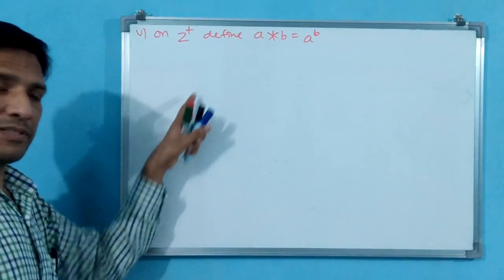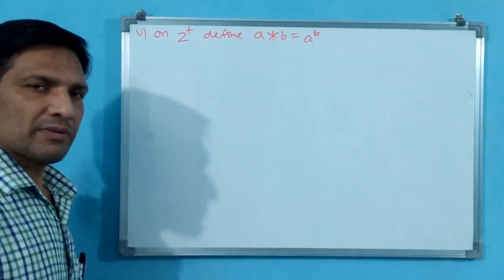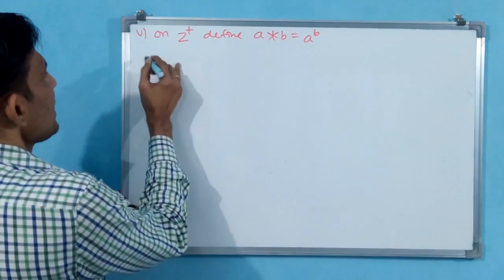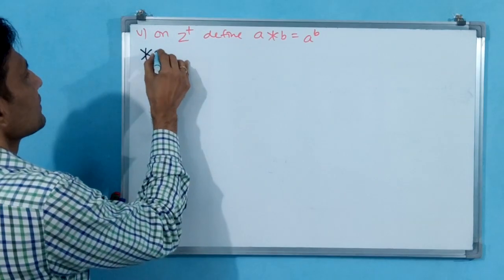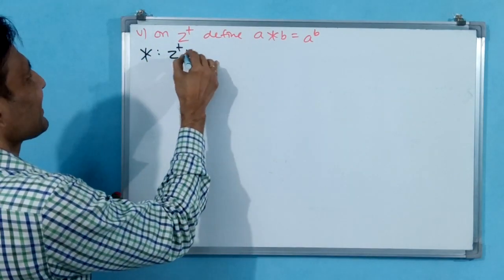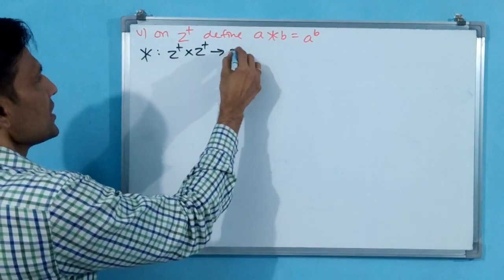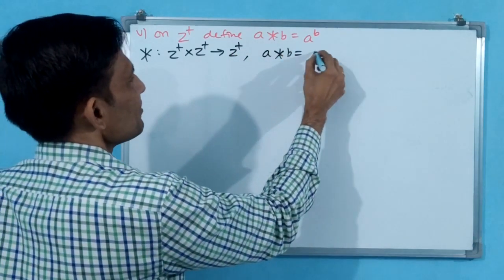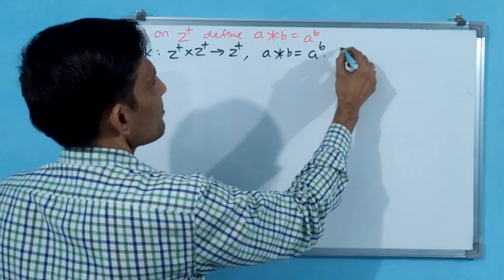If it is a binary operation, then you further proceed for commutative and associative. Let us do. See, again you write star colon Z plus cross Z plus to Z plus, comma, A star B is equal to A power B, full stop.